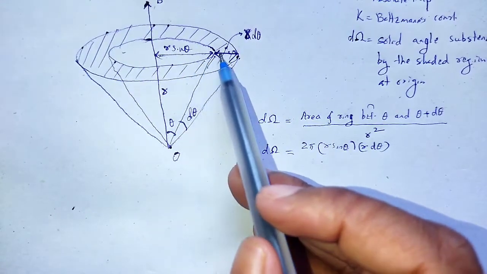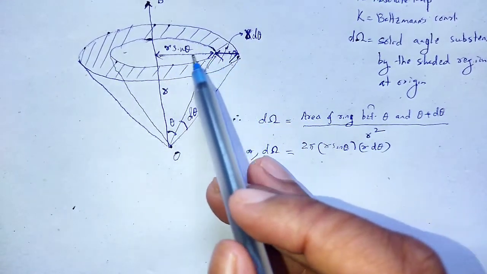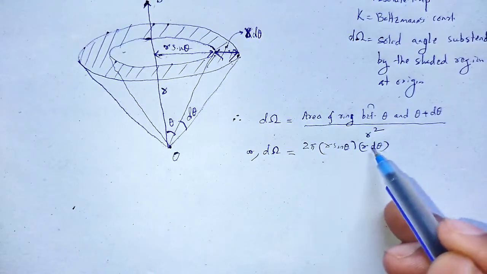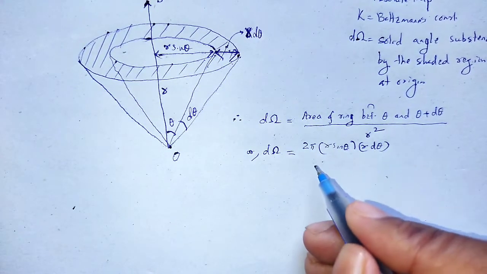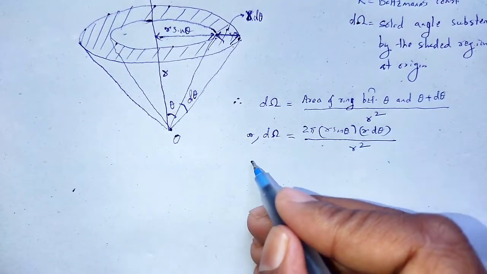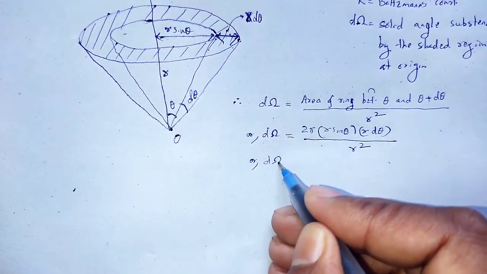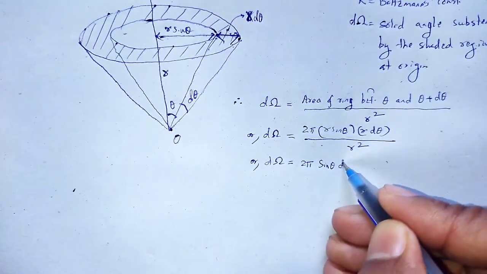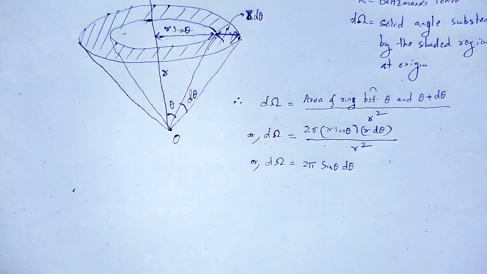This portion is r sin theta, that portion is r d theta, that being the radius. So 2 pi r, the total area, divided by r square. The r cancels out, d omega is equal to 2 pi sin theta d theta.